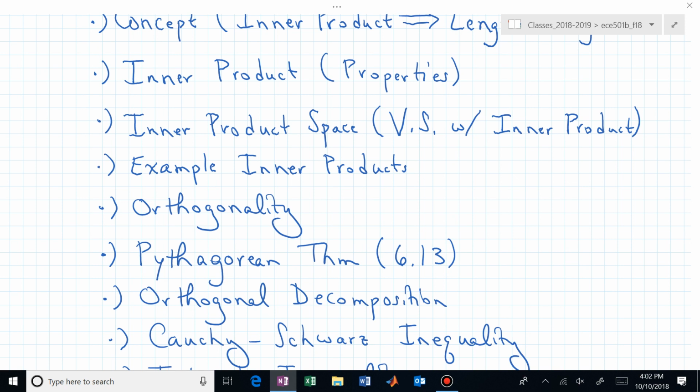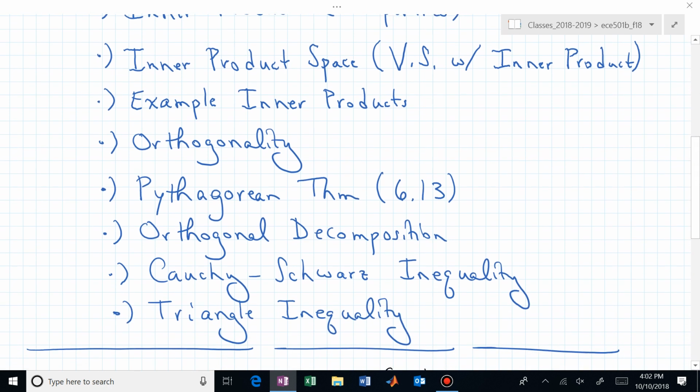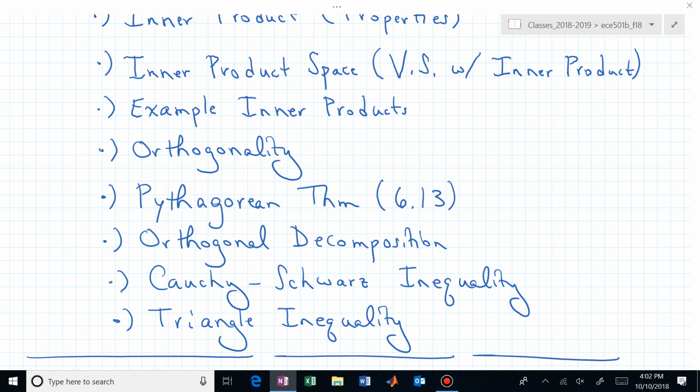Then if we combine a vector space and add to it an inner product, we create an inner product space. A lot of times we'll just say V, and it'll be implied that that's now an inner product space, that we've defined an inner product and attached that to our vector space. We'll give some example inner products that hopefully will get us thinking beyond just the dot product.